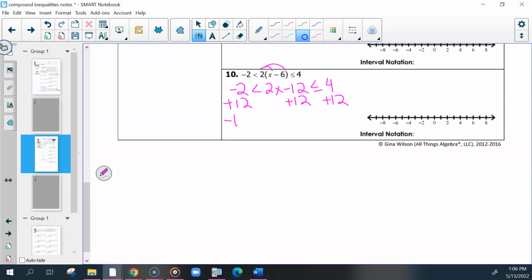We have positive 10 is less than 2x, which is less than or equal to 16. And then divide everything by 2. So 5 is less than x, which is less than or equal to 8.